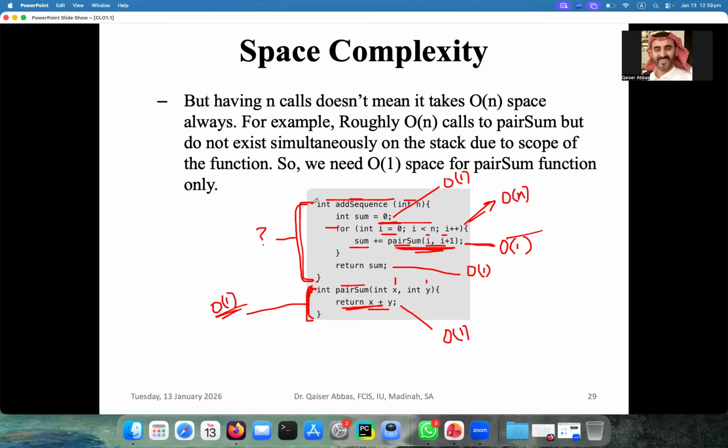The complexity for this method, the total complexity for this pair sum, is always order of 1. But my question is, what is the complexity for this method add sequence? Order of n. Why?